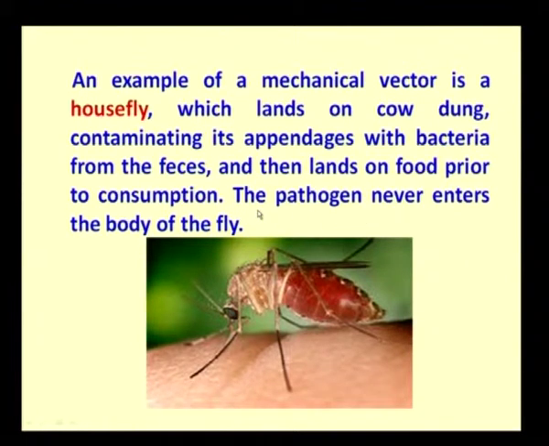From this, it is clear that the disease causing pathogen, the infection causing agent, is not going to be affected by the disease. It just pricks a person who is infected, and again it pricks another person. Or if you take a housefly, it sits on cow dung or any fecal matter and then comes and sits on the food material which is going to be consumed by someone.